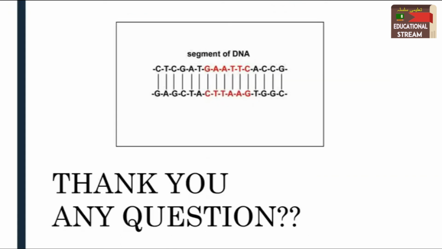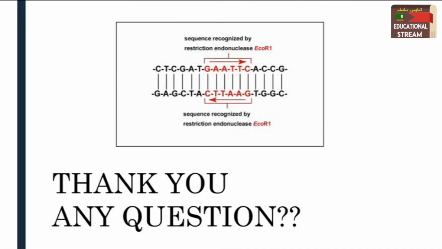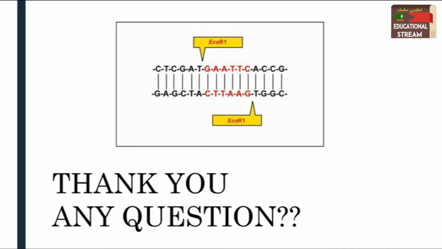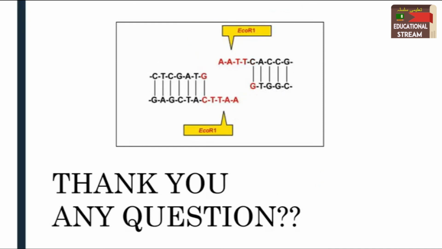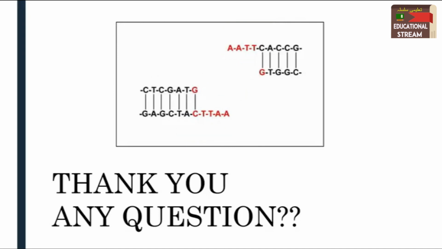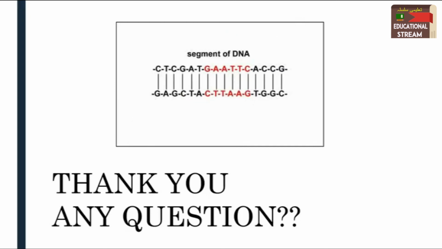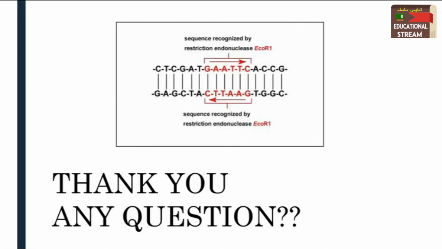So dear students, this was all about today's lecture, in which we started first with the types of hosts which can be used for cloning purposes, and we discussed E. coli, Bacillus subtilis, and in case of the eukaryotic gene we can use Saccharomyces cerevisiae.